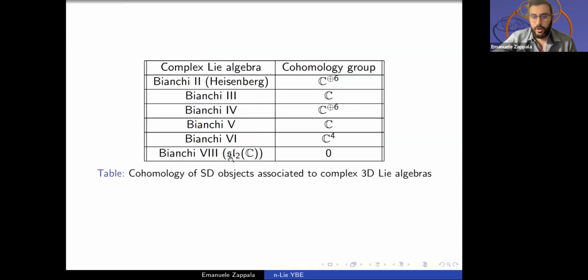And the same thing in the complex version, where SL2 and SO3 coincide, and then this is Bianchi 8 in the complex version, and still 0. But you have plenty of cohomology groups that are non-zero in general.